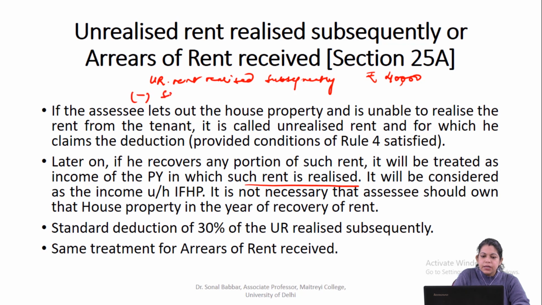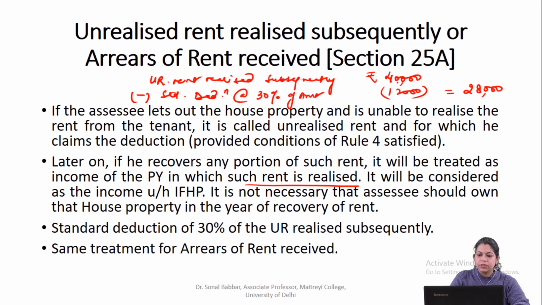So a standard deduction at the rate of 30% of the amount so received will be given. So 12,000 will be given as the deduction, and therefore the remaining 28,000, which is 70% of the amount so received, will become income from house property.